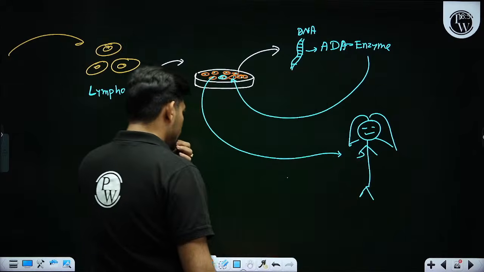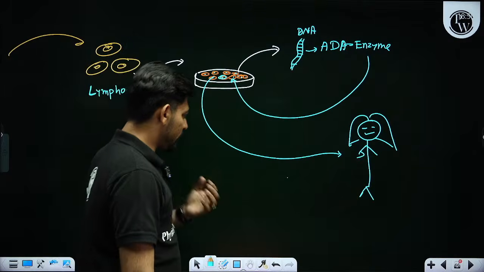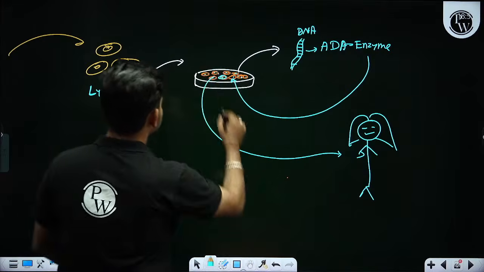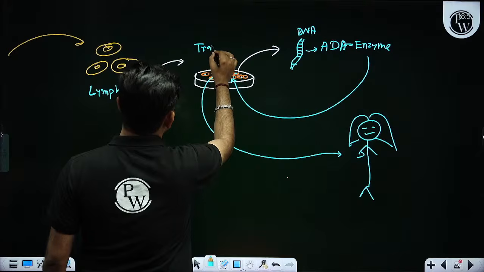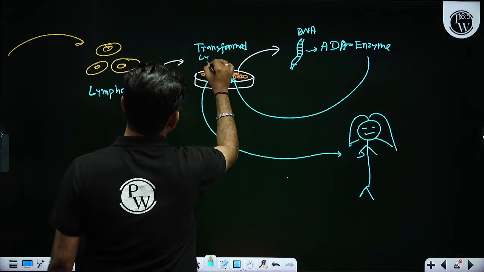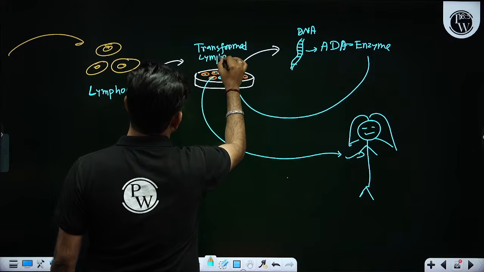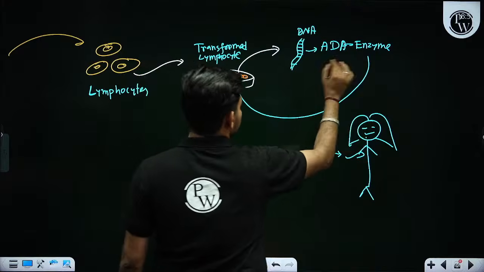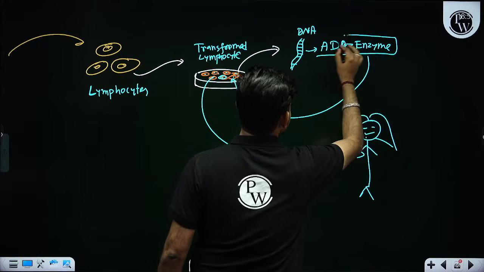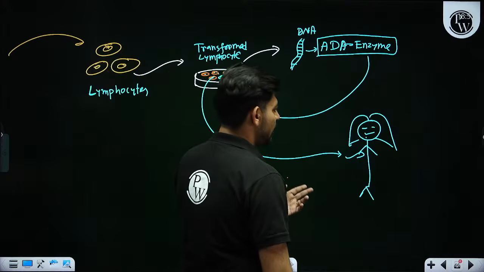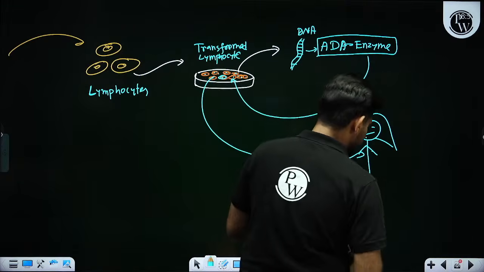Now, for few months or for few days, this transformed lymphocyte inside the body will produce ADA enzyme, adenosine deaminase enzyme, and that will provide immunity to that child.